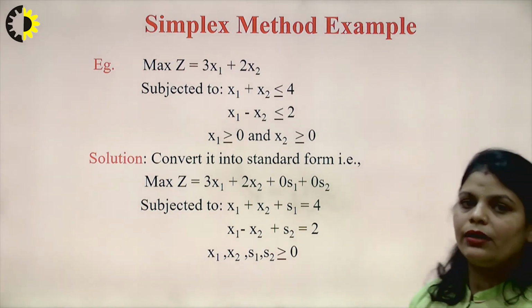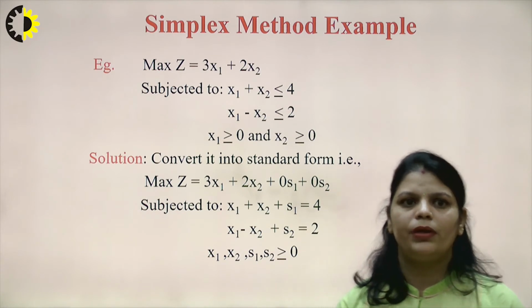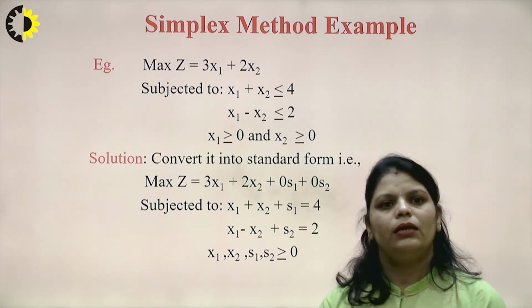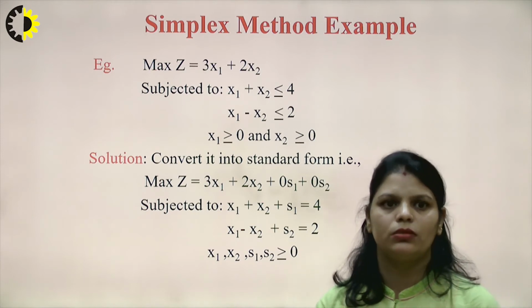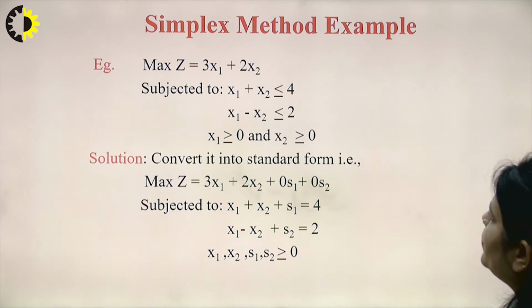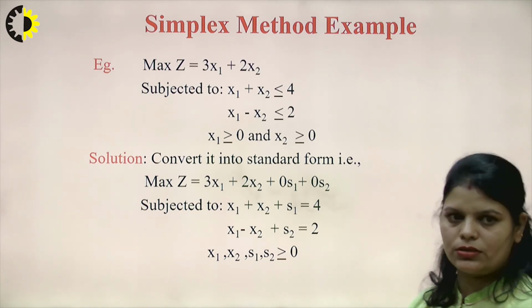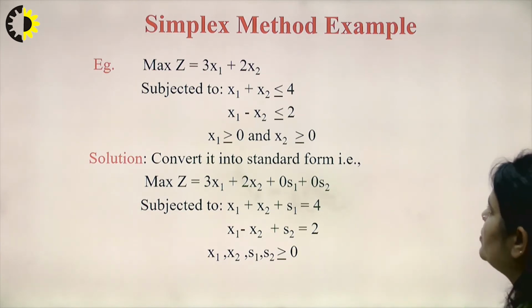Now we have taken one example here, a simple example for better understanding, and we can go for complex equations also. In this example, an objective function is given, and we can see that it is a maximization problem.